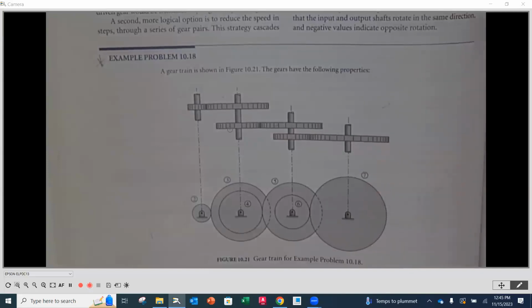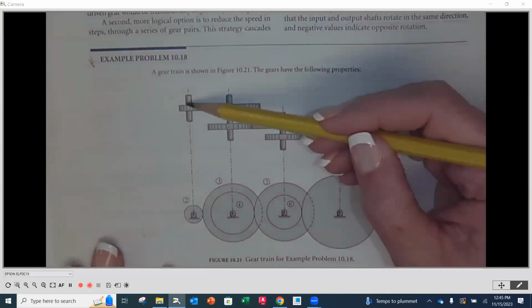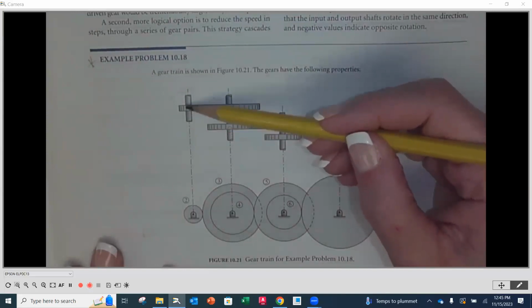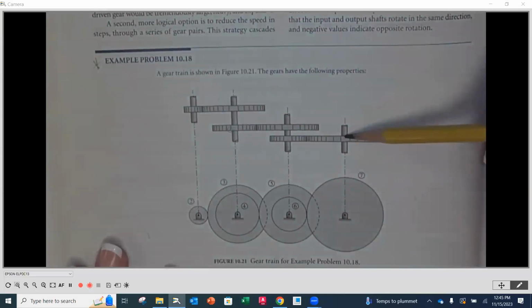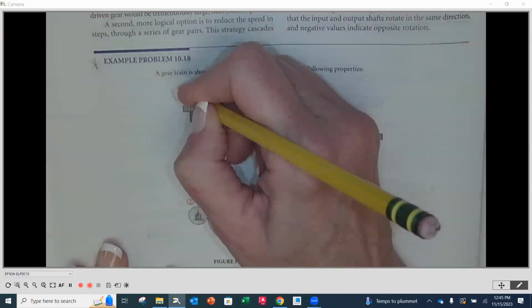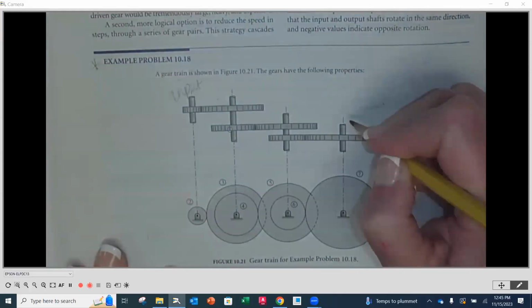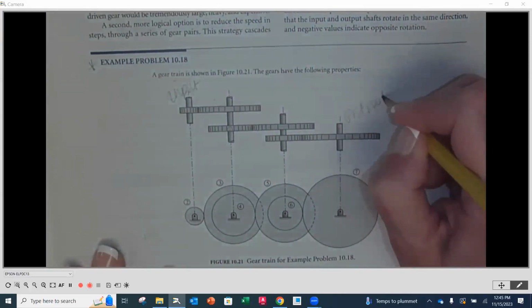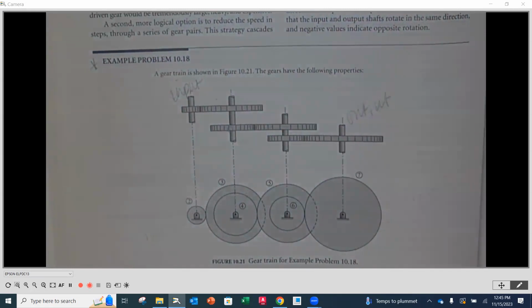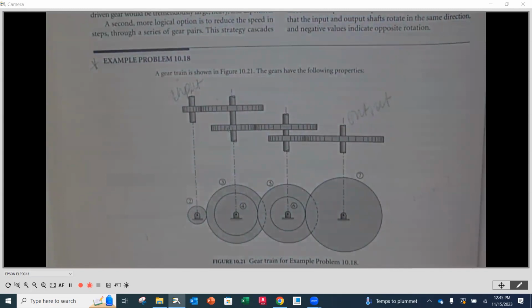So what we want to know is what is the difference in RPM from our first to our last. So this is going to be, if you would, our input, and this is our output. Now they're telling us in this problem that gear 2, and it's up on the top of the next page, gear 2 is going at 1800 RPM counterclockwise.